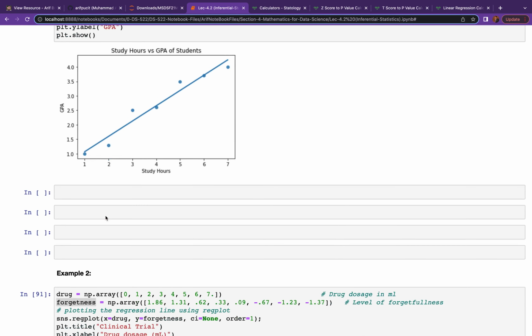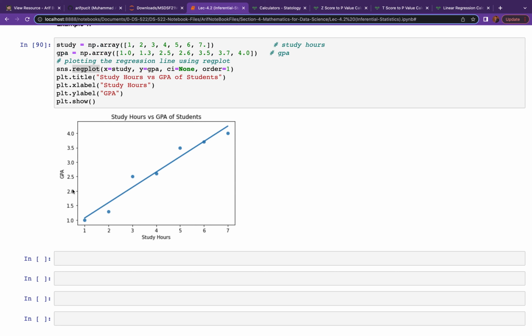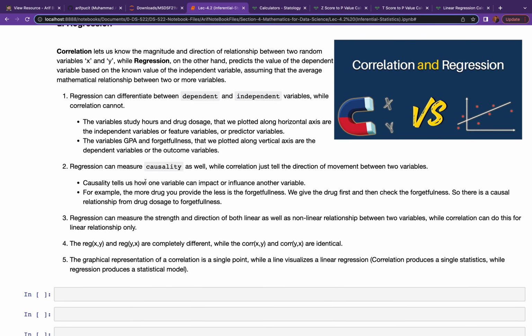In this example 2 over here, you give the drug first and then check the forgetfulness level. So there is a causal relationship from a drug dosage to forgetfulness. And similarly, in this example as well, you study first and then you check for the GPA that you have got. So this is what causality is. That does exist in regression, but it is not there in correlation.